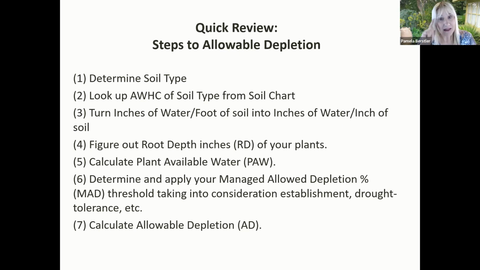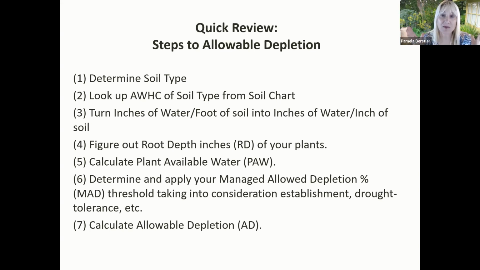Now, we need to think about how long we are going to go before we need to irrigate. Like, how much water are we going to allow to come out of that soil? And the first thing we think of is what percentage of the water are we going to allow to come out? So if we use the industry standard of 50%, that becomes our managed allowed depletion.